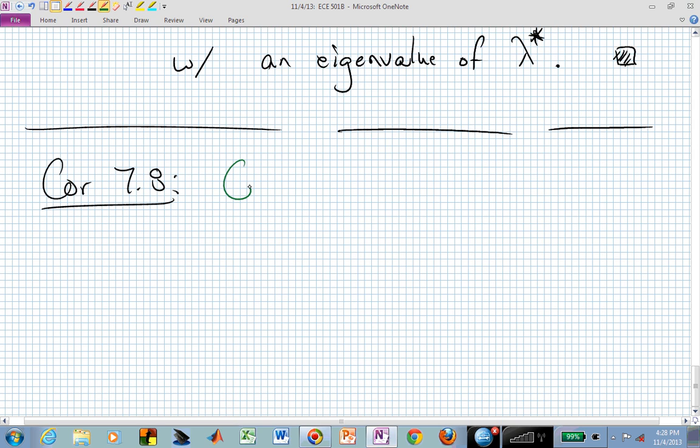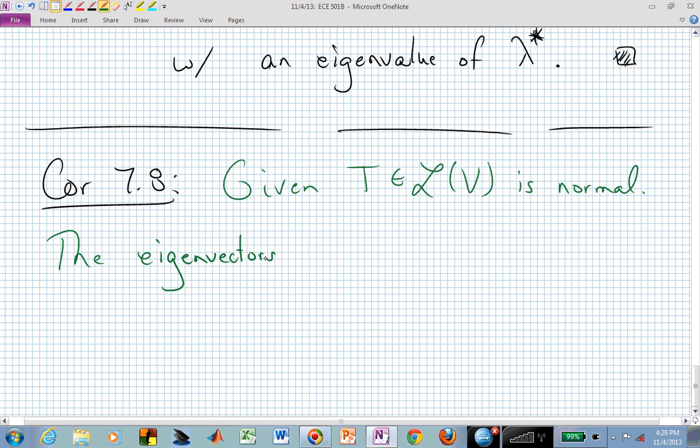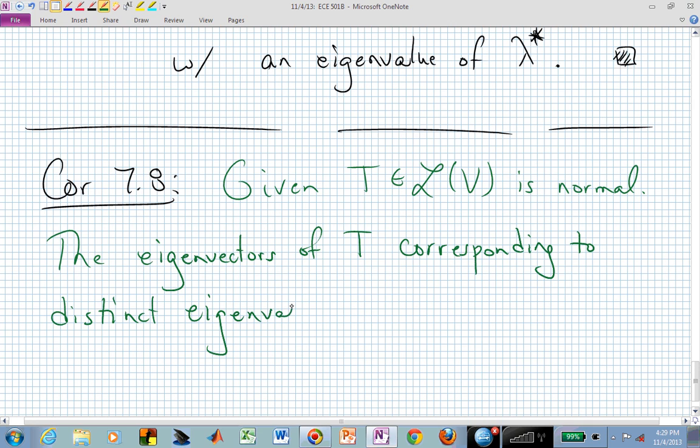Given a normal operator T, a linear operator on a vector space V, and that operator is normal, so we know T dagger T is equal to T T dagger. Then the eigenvectors of T corresponding to distinct eigenvalues are in fact orthogonal.